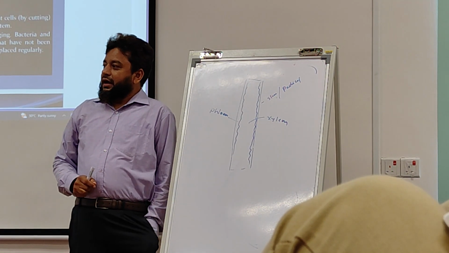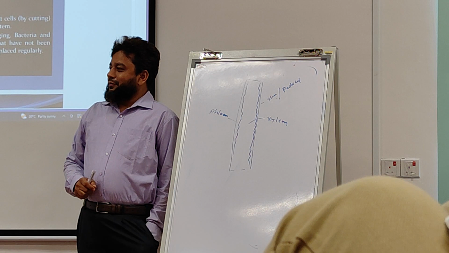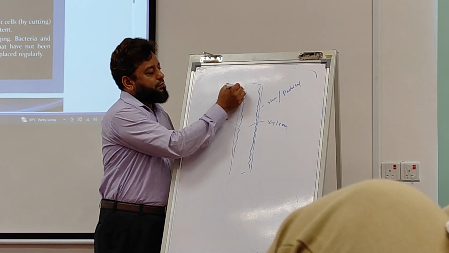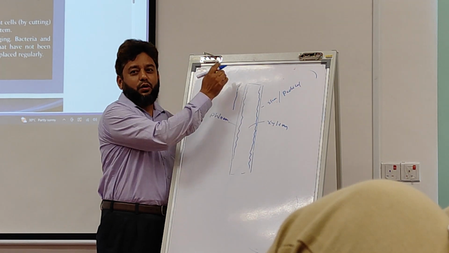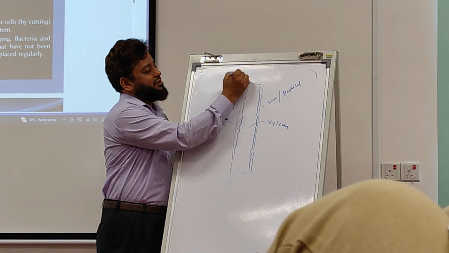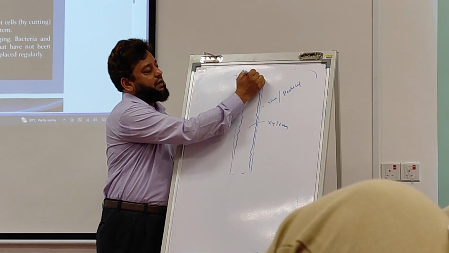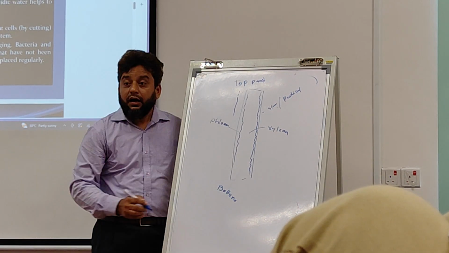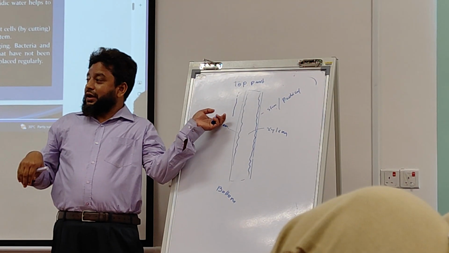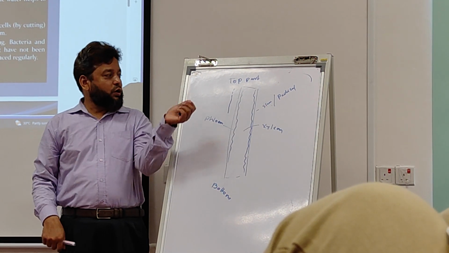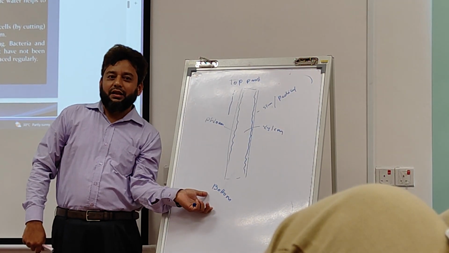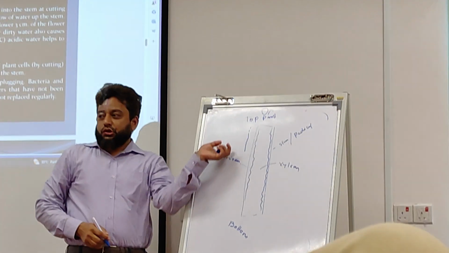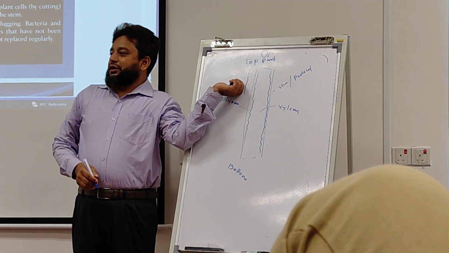So in the plant there are two types of flow. Flow number one, if this is the top part and this is the bottom part, goes from the top part, the leaf, to the root.